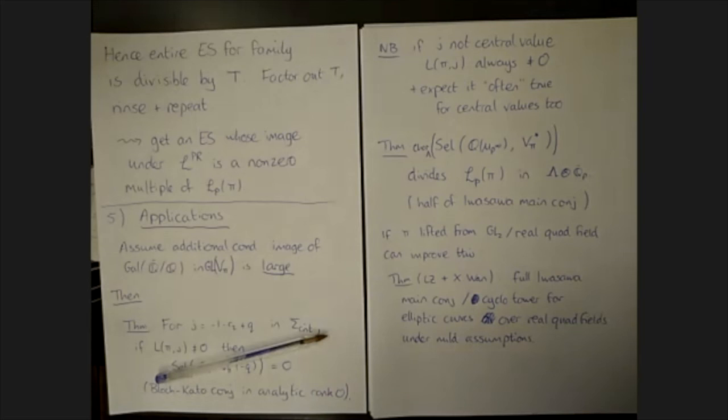If I could add one more thing here as well, there are lots of different kinds of non-general type Siegel modular forms. These lifts from imaginary quadratic fields, twisted Yoshida lifts, are reasonably easy to work with in some sense.